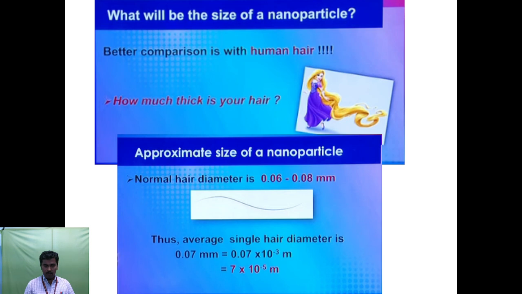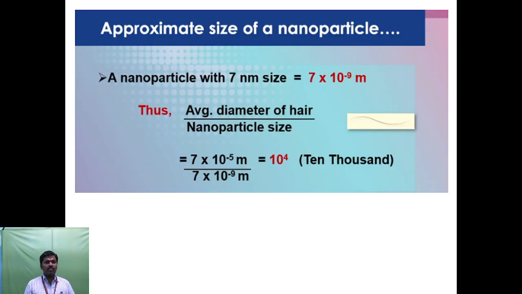A nanoparticle of 100 nanometer size equals 10 power minus 7 meter. Thus, the ratio of the average diameter of hair to the nanoparticle is about 10 power 3 to 10 power 4.